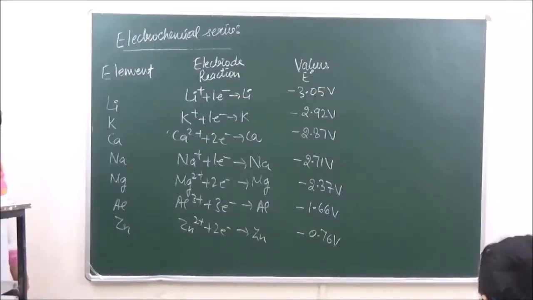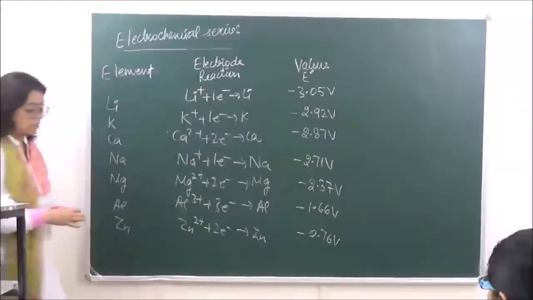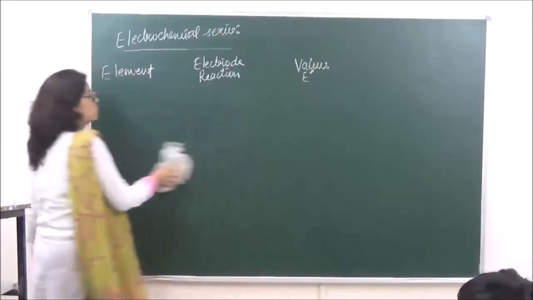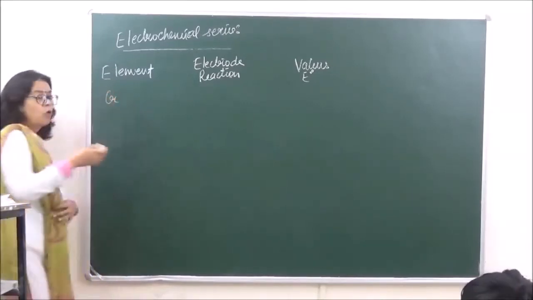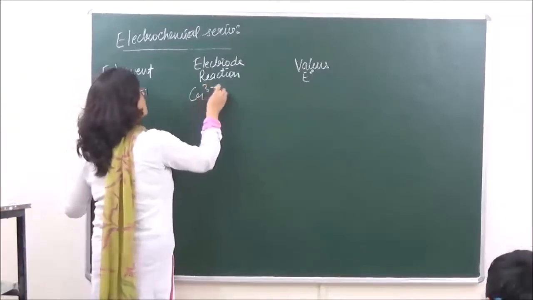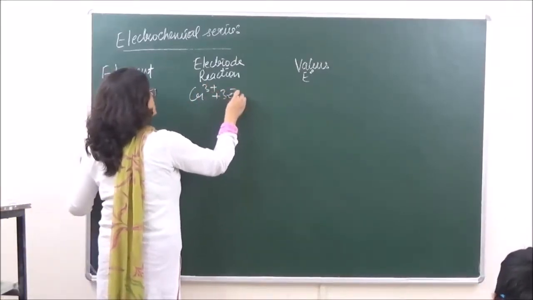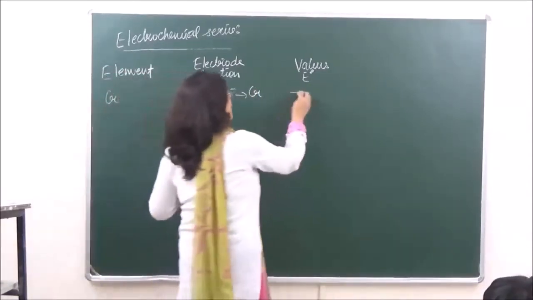Then after zinc comes chromium, and the reaction of chromium is Cr3+ plus 3 electrons to give us chromium. The value is minus 0.74 volt.